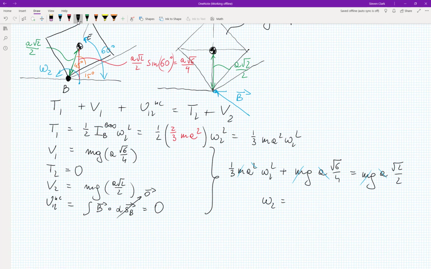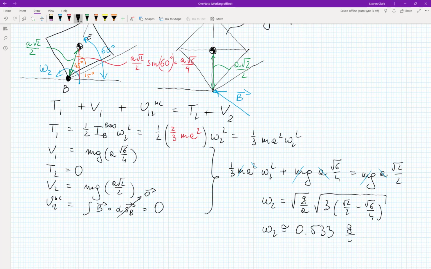Omega-2 is equal to square root of g divided by a times square root of 3 times square root of 2 divided by 2 minus square root of 6 divided by 4. If you grab your calculators, omega-2 will be approximately 0.533 g divided by a squared.